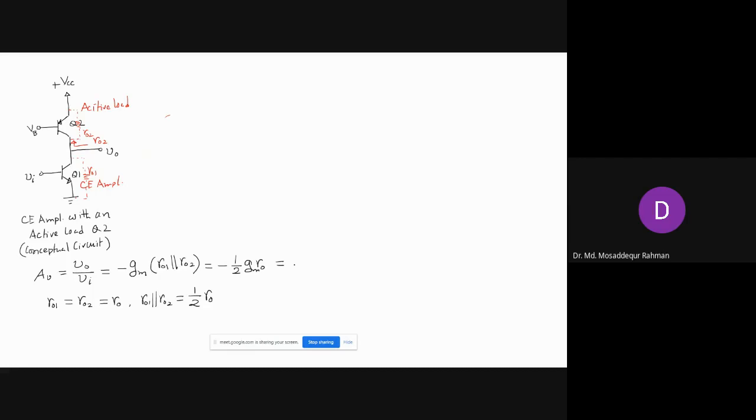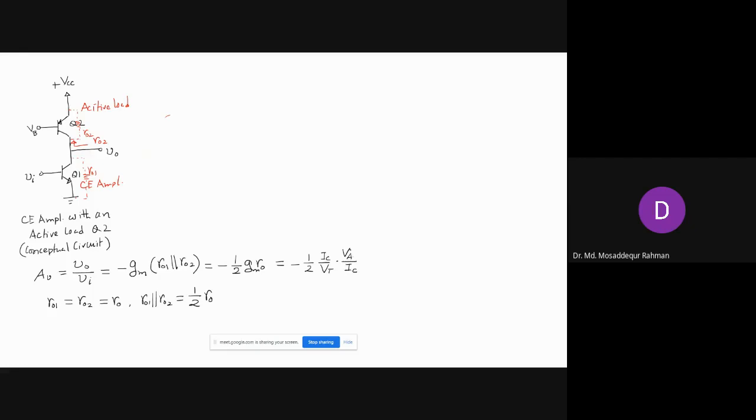Now Gm is IC by Vt. And what is r naught? r naught is VA by IC.